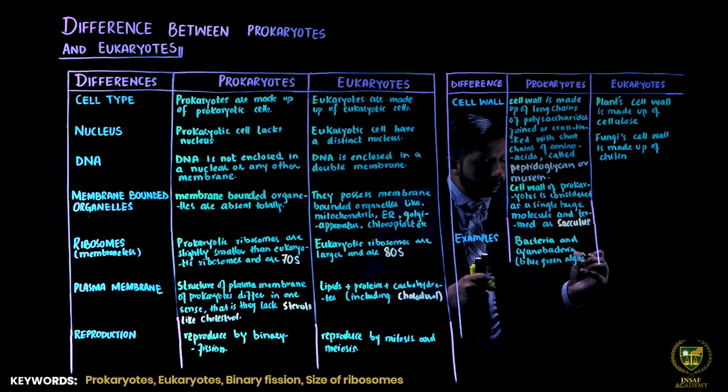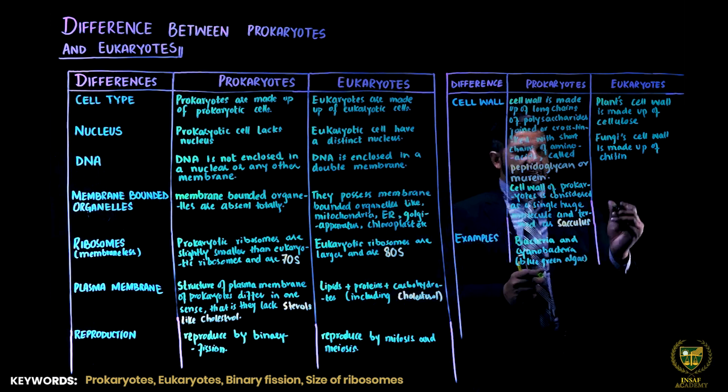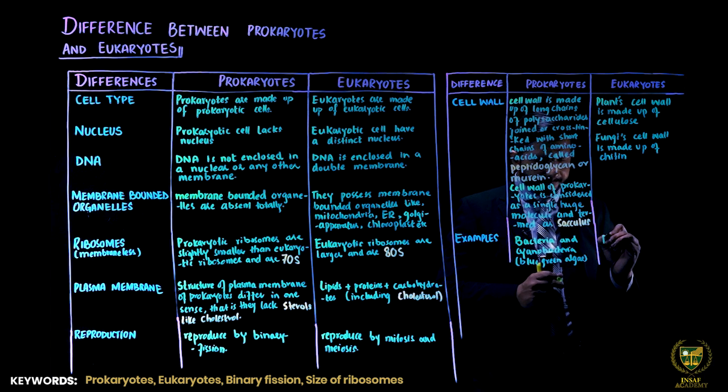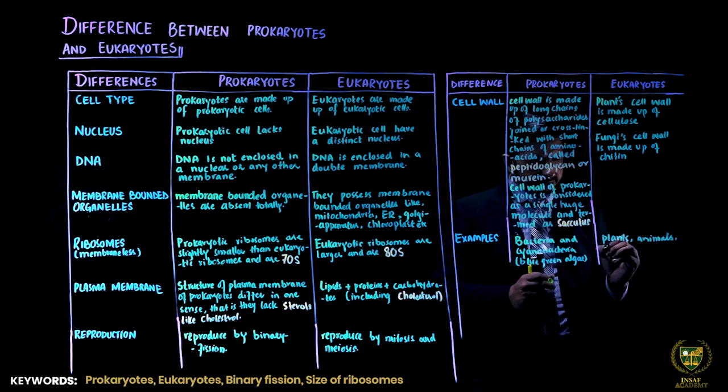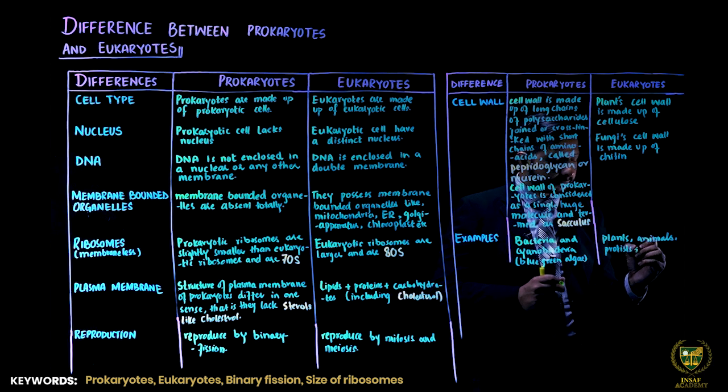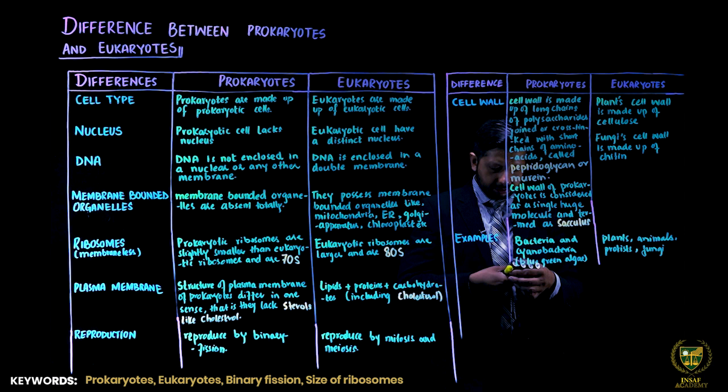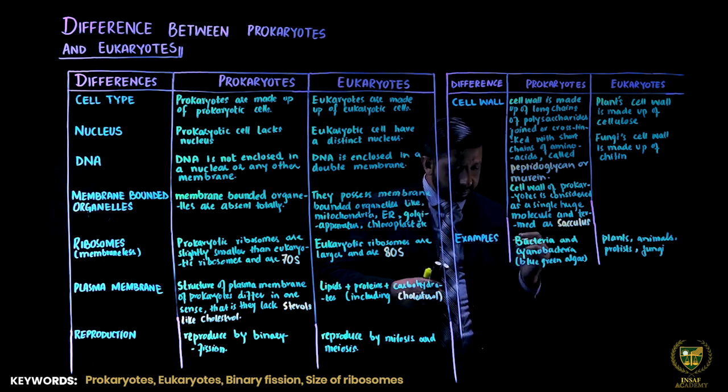Sometimes they were called that. And as far as the eukaryotes are concerned, the plants, animals, and the protists and the fungi are the examples of the eukaryotes. Clear?